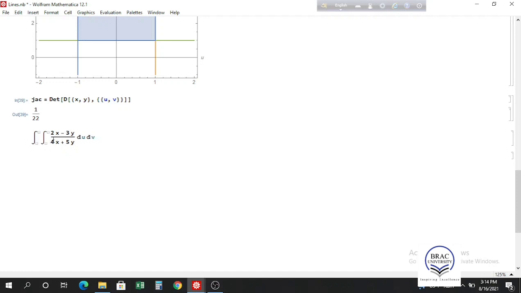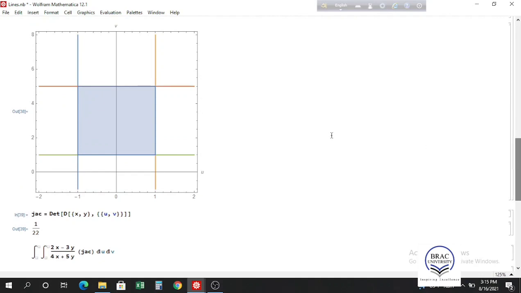Now let's multiply the Jacobian. So we have set a variable for the Jacobian. So write the variable. Now u goes from minus 1 to 1 and v goes from 1 to 5 in the graph.